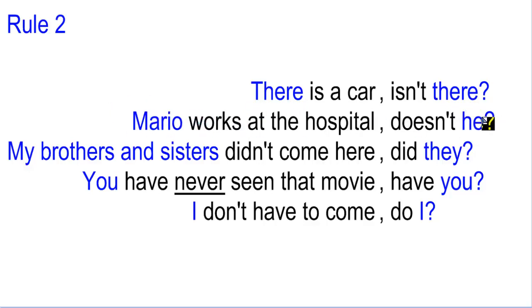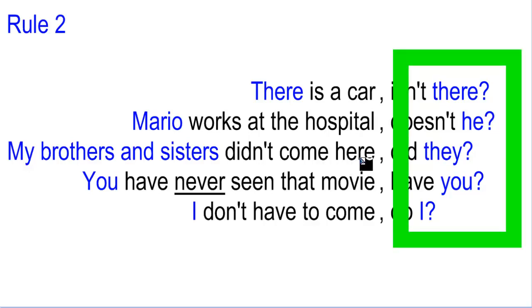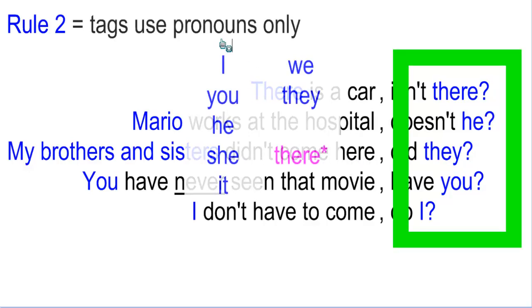Mario, but I am not saying Mario in the tag question. I am just saying he. My brothers and sisters, in other words, my siblings. But in the tag question, I don't say my siblings, and I don't say my brothers and sisters. I just say they. So that's the difference. In the case of tag questions, you only use pronouns.